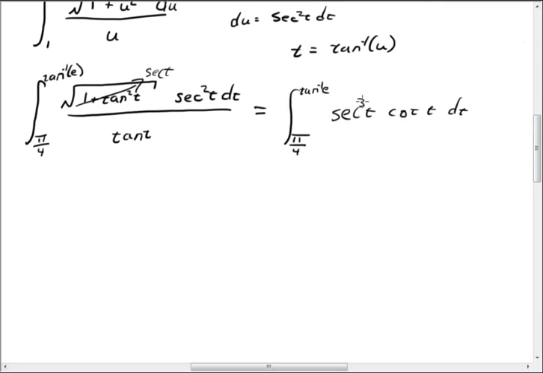Now, this can be simplified. Secant cubed is simply 1 over cosine cubed. Cotangent t is cosine t over sine t, so we have secant squared t times cosecant t dt.